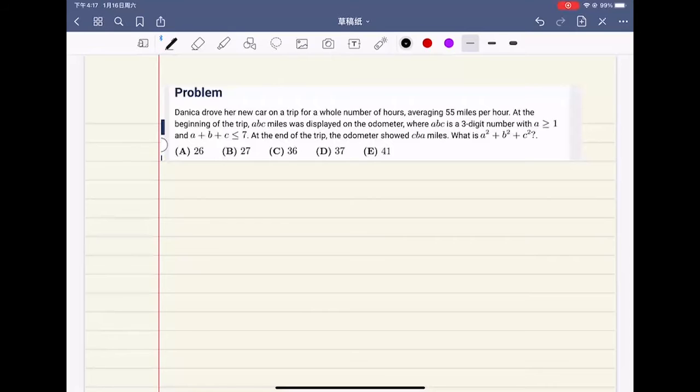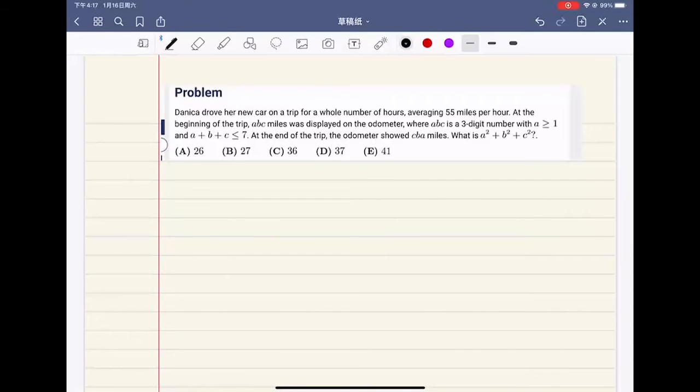I start with multiplying the 55 miles, to find out which result is less than 7. You know what I'm saying?